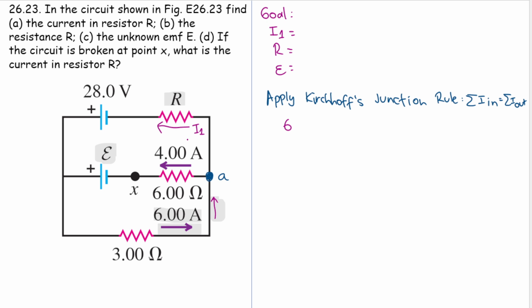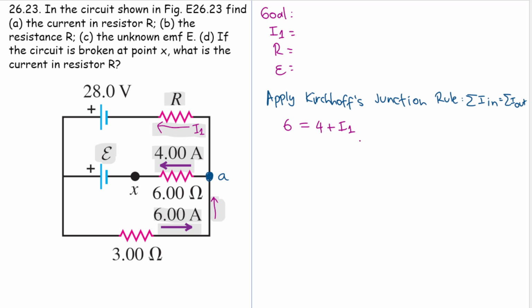No, all the other currents are going out. So we put the equal sign here and move to the sum of the currents that go out. Here we have this current that goes out from node A, and the value is 4 amperes, plus another current that goes out, which is I1.